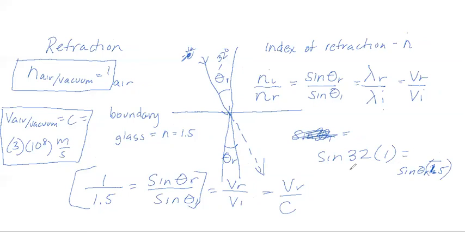I'll just go ahead and solve that. So sine theta refracted equals 0.353. So theta refracted equals sine inverse of 0.353.